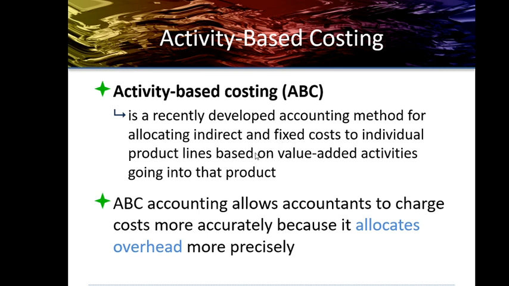The managerial point of view is a recently developed accounting method for allocating indirect and fixed cost, per product line, not as a whole, based on the value added activities going into that product.